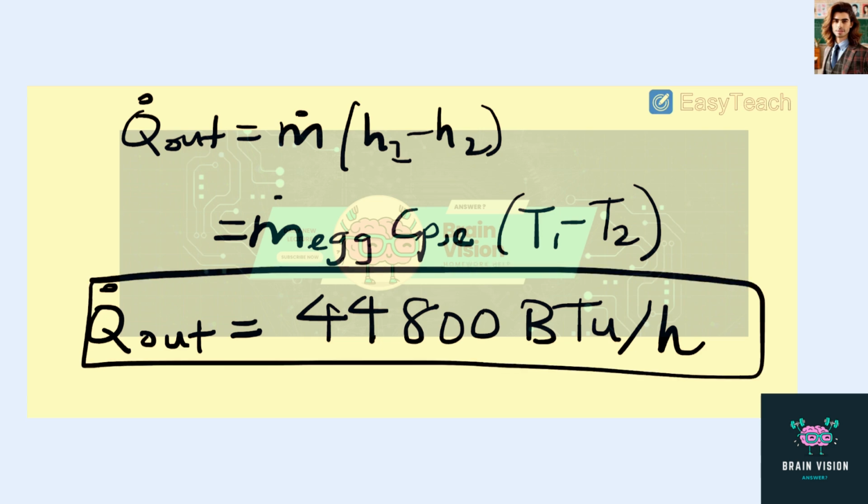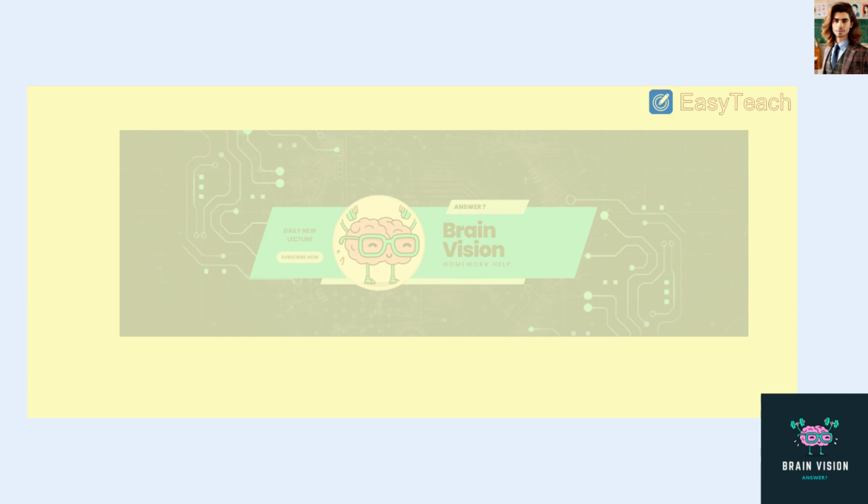Remember that we're also asked to solve for the volume flow rate of the air going through the refrigerator. So we can assume that all of the heat that is lost by the egg is given to the air because we're assuming that the cooling area is properly insulated. Therefore, Q out is equal to Q air.